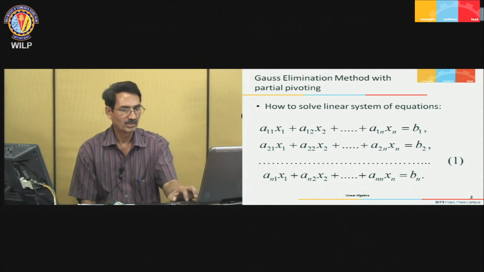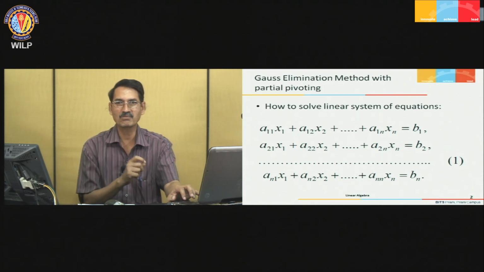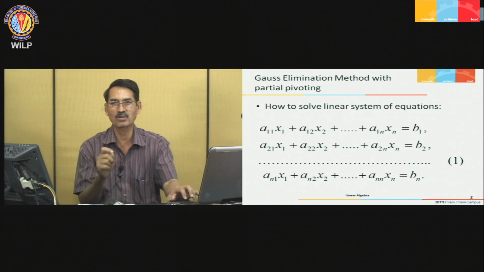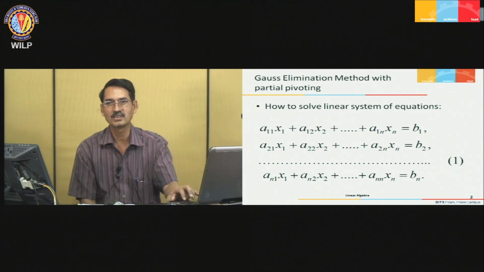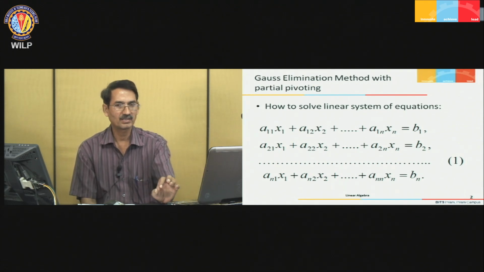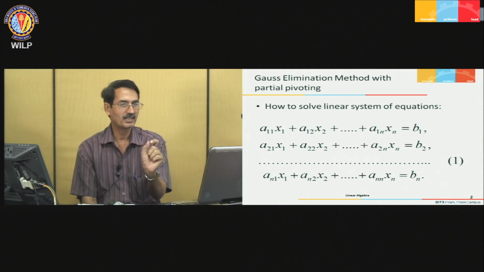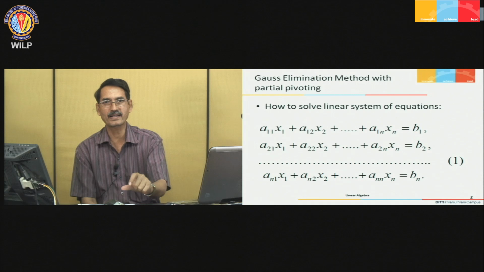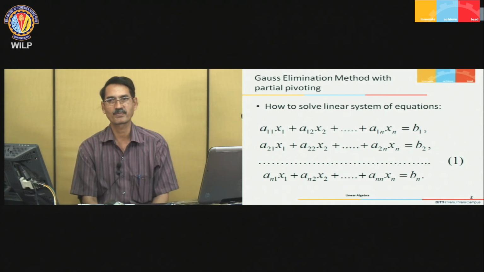So, the first step is exactly similar to what we have seen in row echelon form or row reduced echelon form. First step is to write this into the matrix form, or better, write the augmented matrix associated with this system of equations.